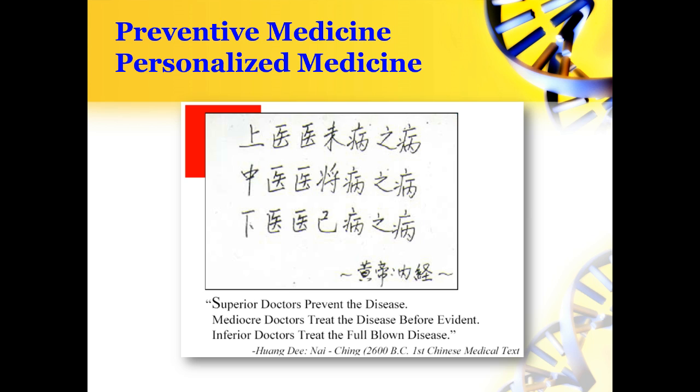Medical doctors treat the disease before it is evident. Inferior doctors treat the full-blown disease. With the genetic knowledge, the era of preventive medicine and personalized medicine is coming."